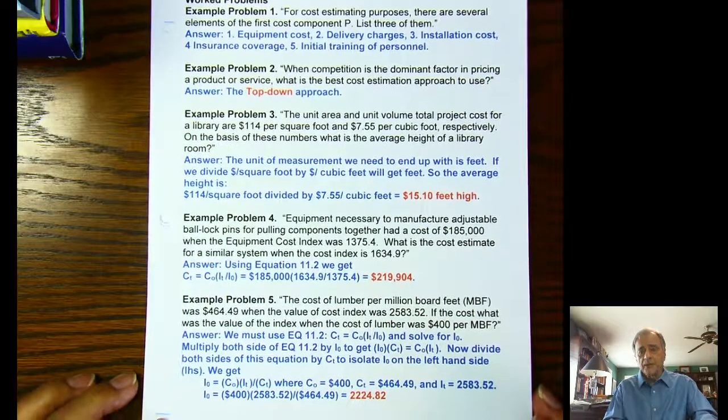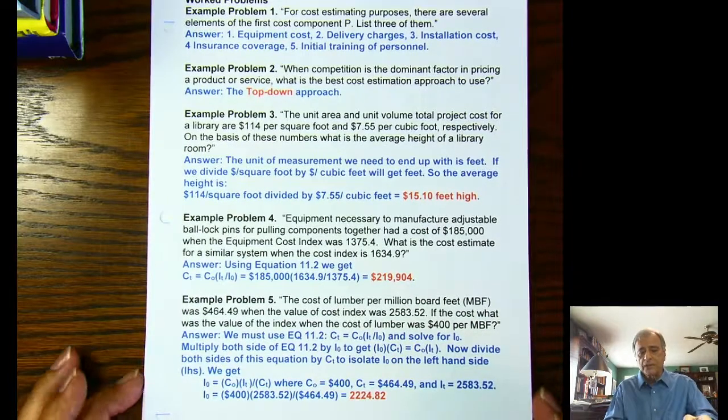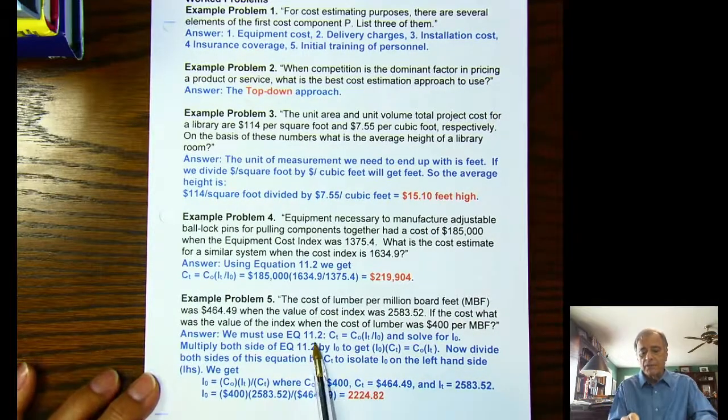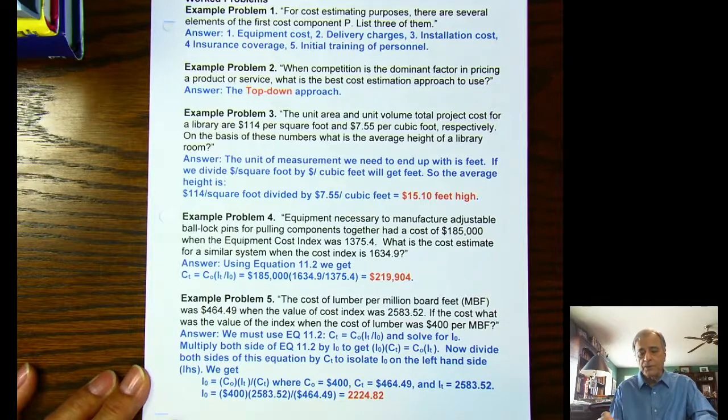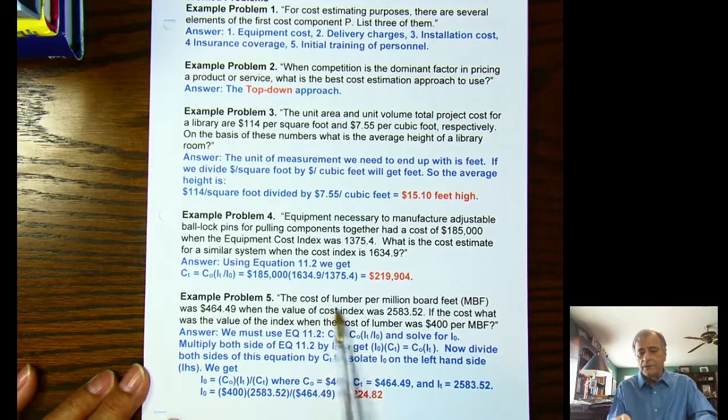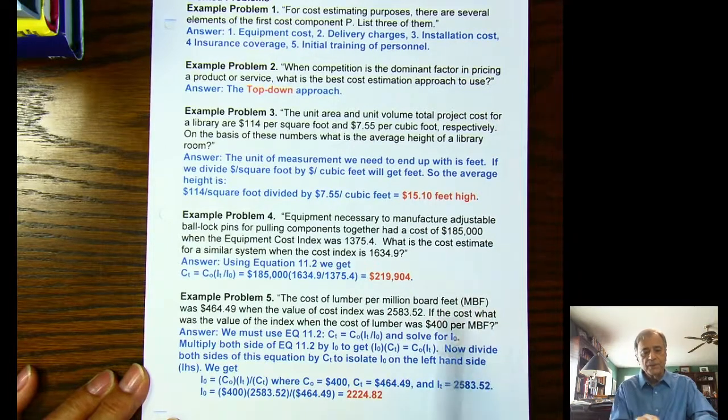Example problem 5 is very similar. It's using that same equation, 11.2. In this case, it's dealing with lumber and the cost per board foot. The cost of lumber per million board feet, MBF, was $364.49 when the cost index was 2,583.52.